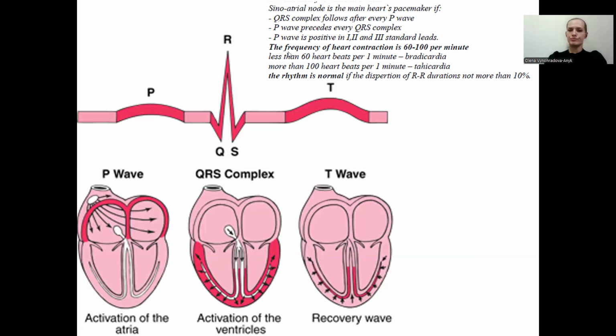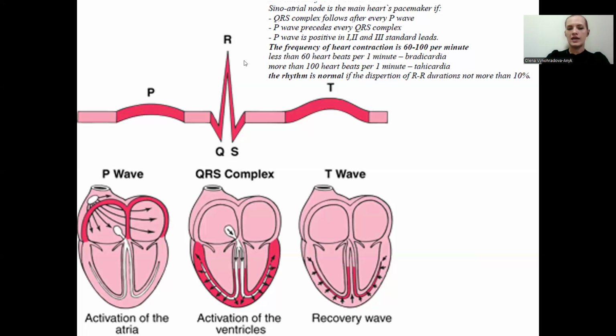From ECG, we can find what is the main pacemaker of the heart that generates our heart rhythm. It will be the sinoatrial node, or maybe the sinoatrial node doesn't work and another one begins to work. The sinoatrial node normally is the main heart pacemaker.